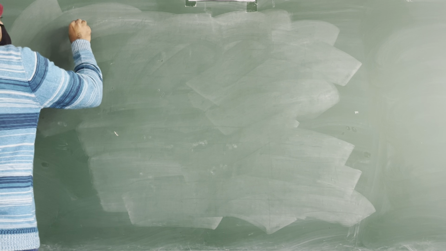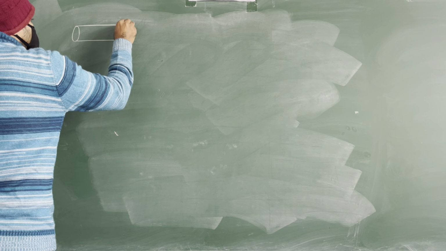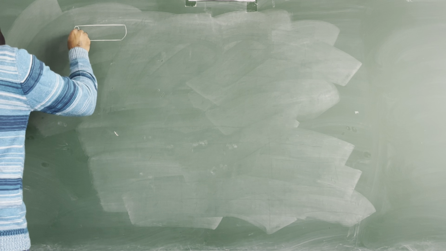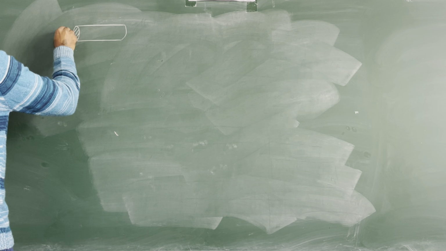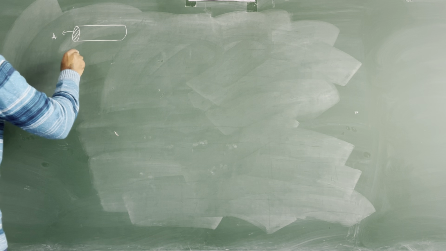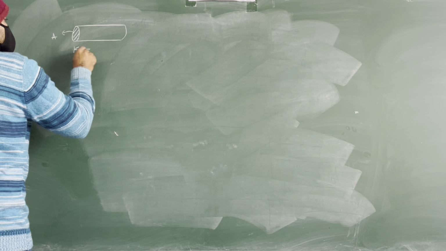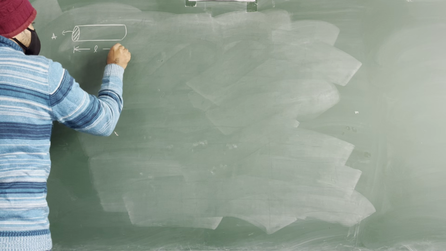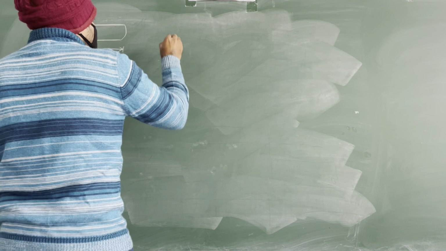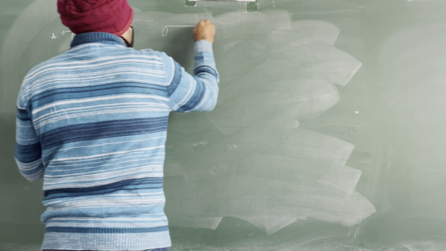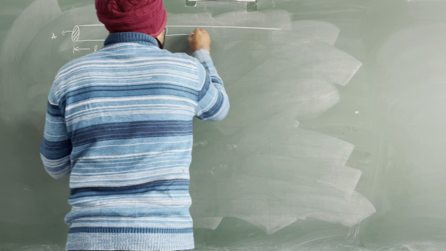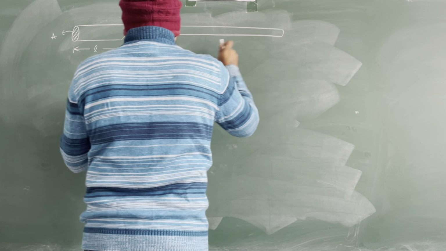We have been given 3 figures. This is our first one. Here the area of cross section is A and the length is L. The second one is this one.